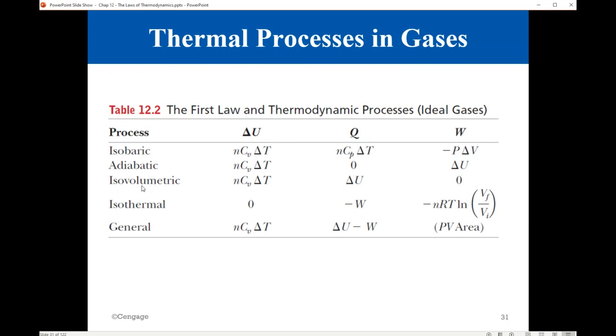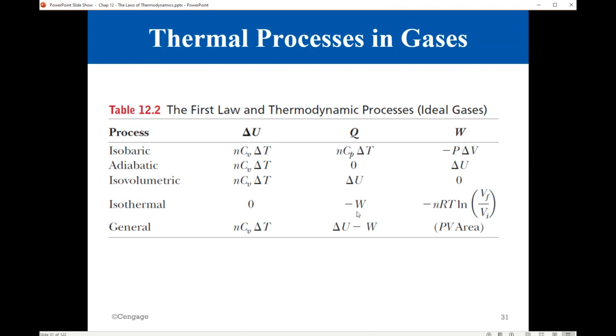The third process, isovolumetric: nCv delta T, and in this case, the work is 0, because delta V is 0, so the work is 0. Therefore, Q is equal to delta U. Finally, for isothermal processes, delta T is 0, therefore delta U is 0.